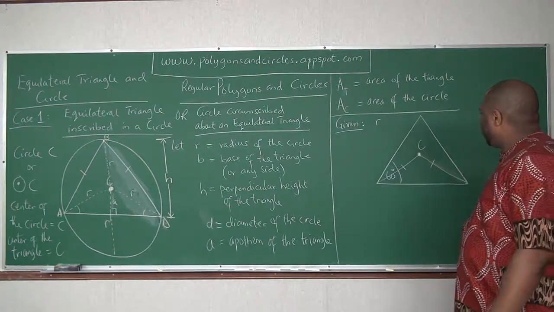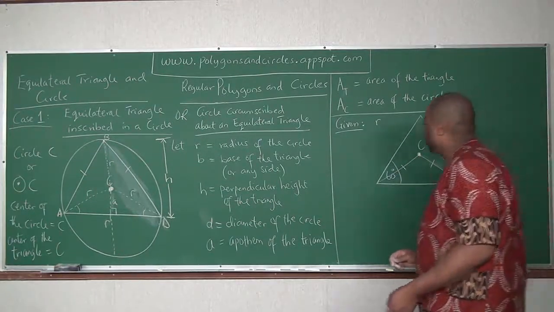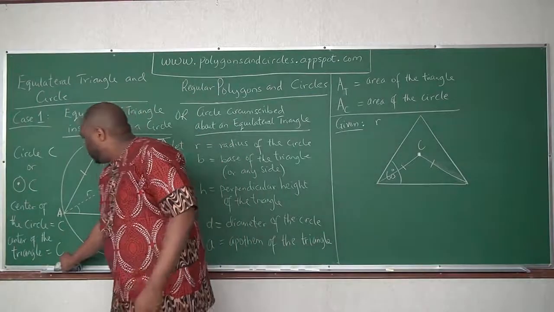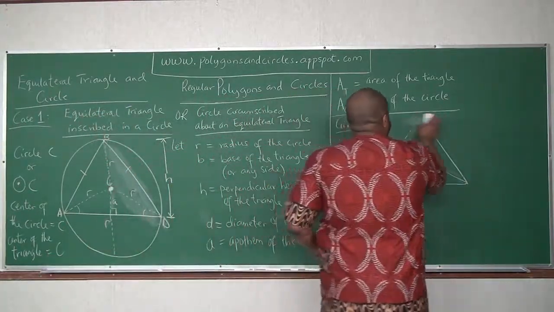It bisects the angle at the vertex. So essentially, you now have something like this.